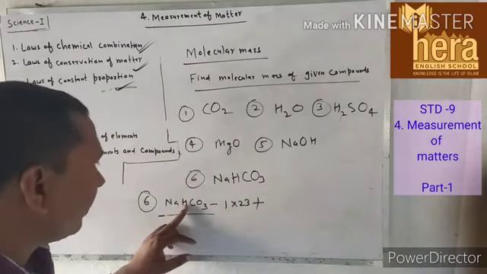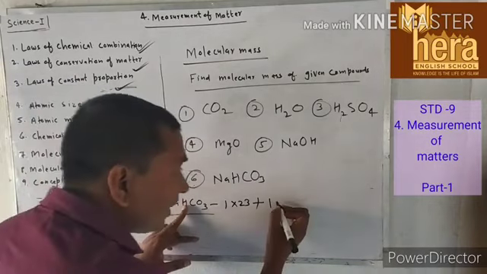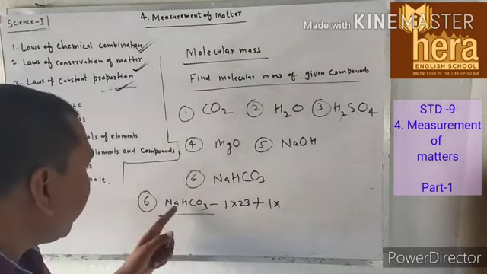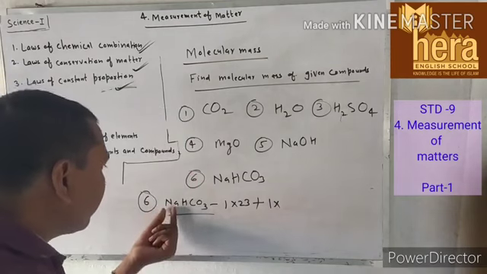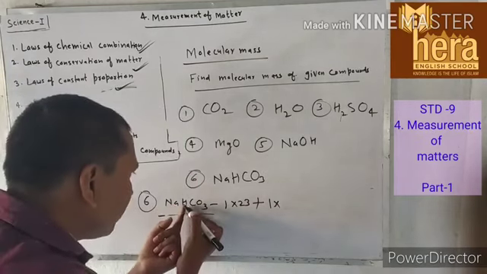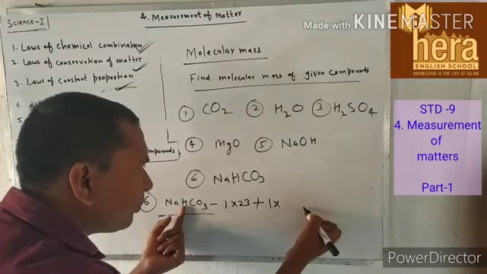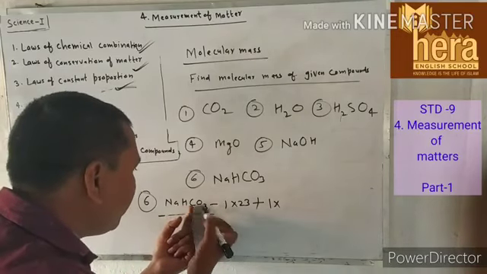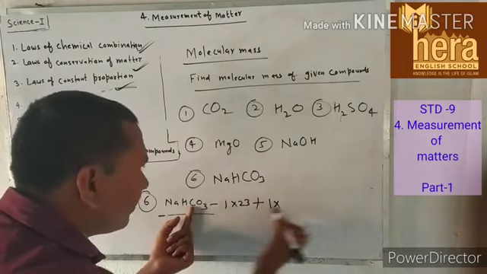Hydrogen is 1. Between two atoms, sodium and hydrogen, you have to put a plus sign. Again, between hydrogen and carbon, put a plus sign, and between carbon and oxygen, put a plus sign.